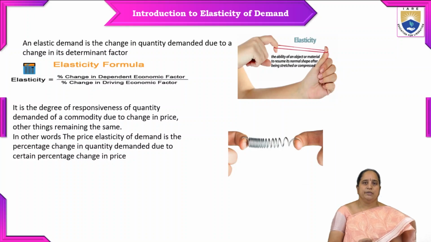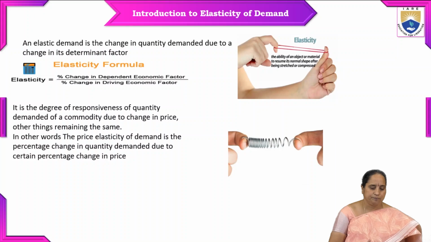It is the degree of responsiveness of quantity demanded of a commodity due to change in price, other things remaining the same. So when we are taking price as the major determinant, we keep all other factors constant.